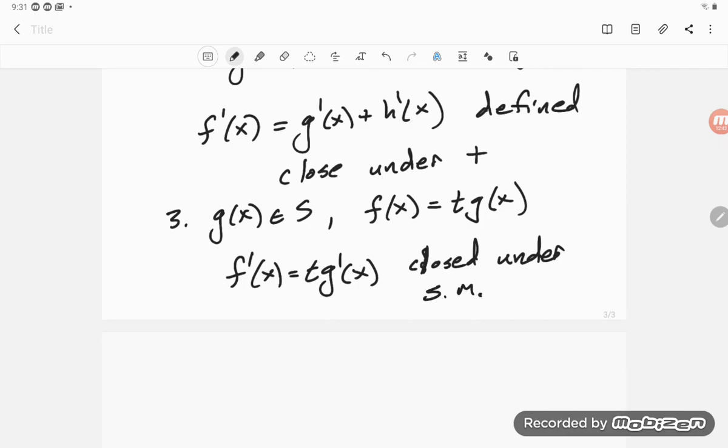So there we go. There are a bunch of examples of things that are subspaces, and so we'll move on from there.